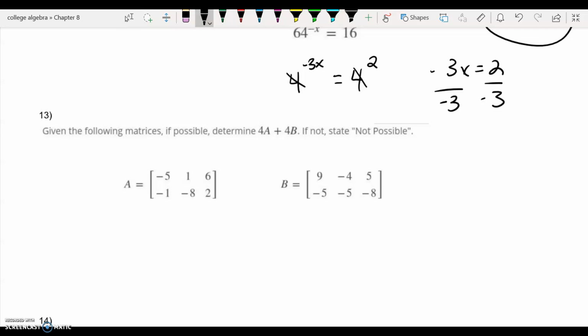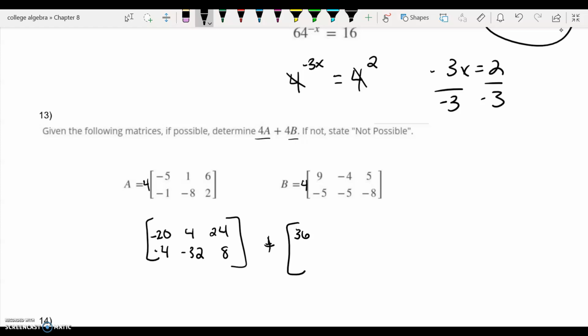13, you're just going to multiply them all by 4 and then add them. So multiply both those by 4. That's what it tells you to do. Do that first. So I got negative 20, 4, 24, negative 4, negative 32, 8, plus, that's 36, negative 16, 20, negative 20, negative 20, negative 32.